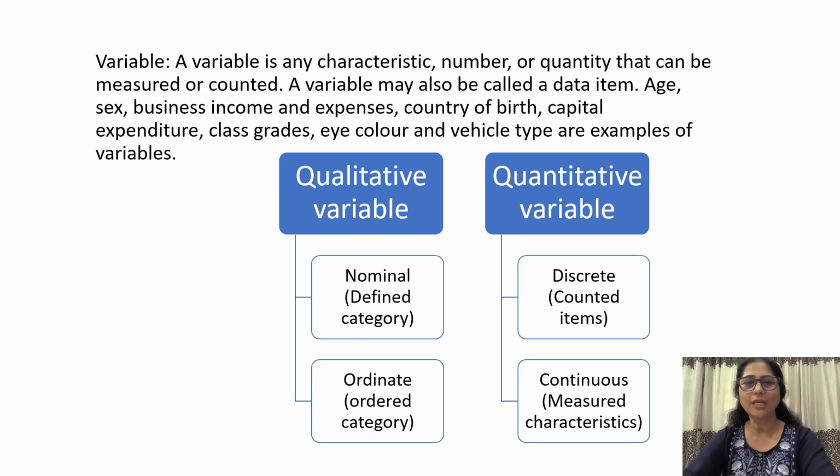Such ordered categories are the ordinal type of qualitative variable.